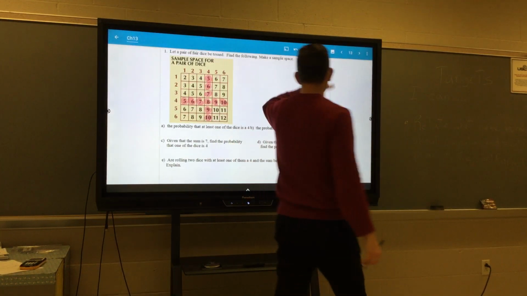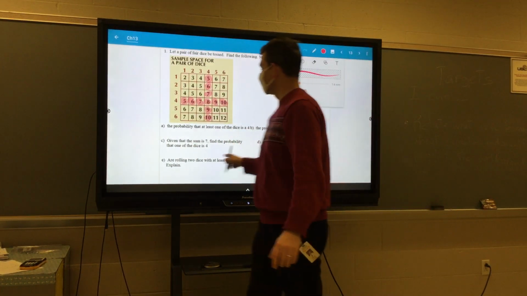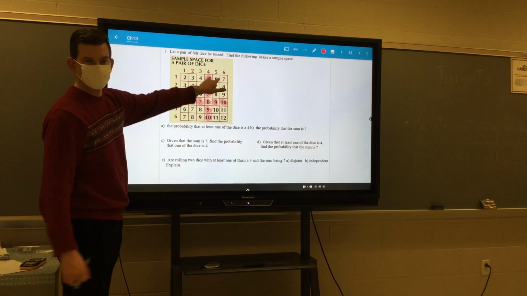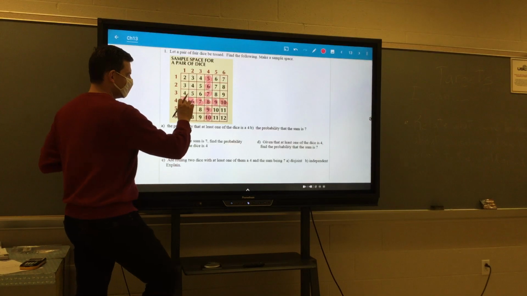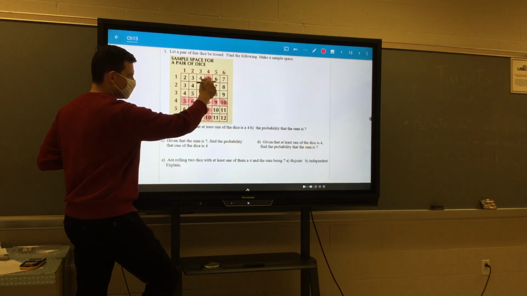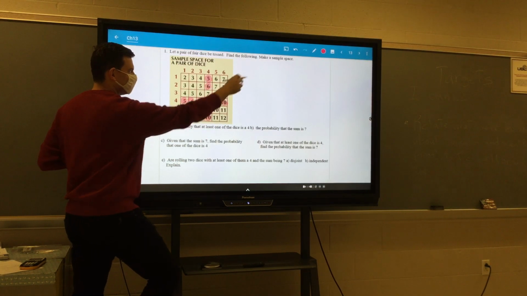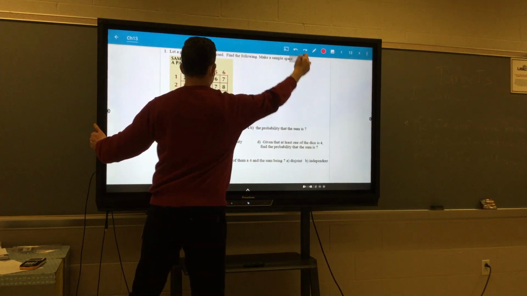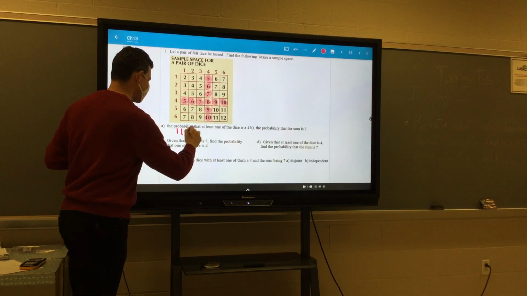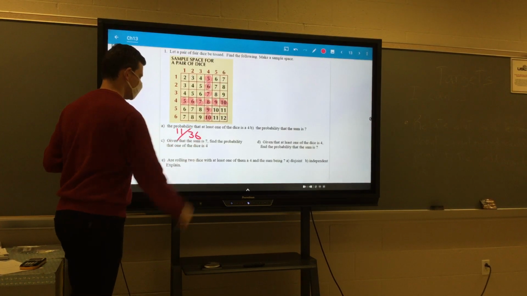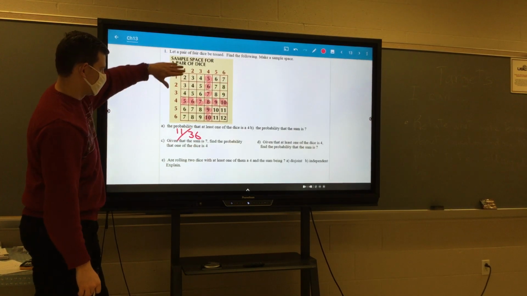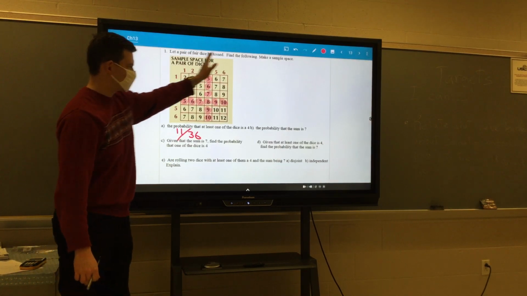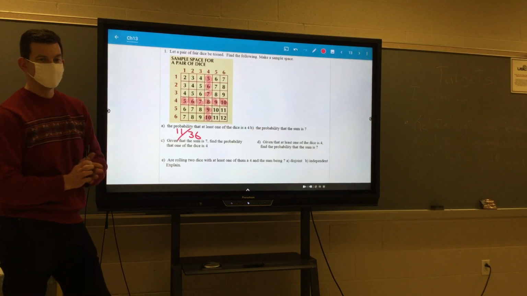So, one way to answer this question, probability at least one of the dice is a 4, I could count up our successes, our highlighted blocks. 1, 2, 3, 4, 5, 6, 7, 8, 9, 10, 11. 11 out of our sample space of 36. Remember, multiplication principle, 6 outcomes times 6 outcomes, 36 total possible outcomes.